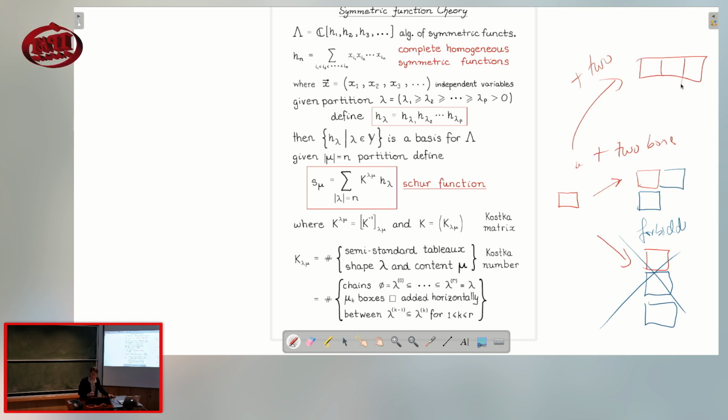That's perfectly good. The connection with semi-standard tableaux is that in adding these 2 boxes, you label them with the same number, and this rule makes sure it's semi-standard: weakly increasing in the rows, but strict in the columns.